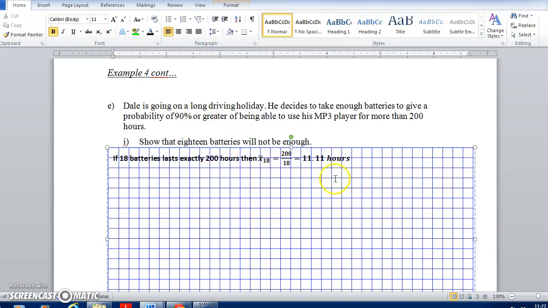This is a good example actually of where you use 4 significant figures for your calculations before dropping back down to 3 to give your final answer.